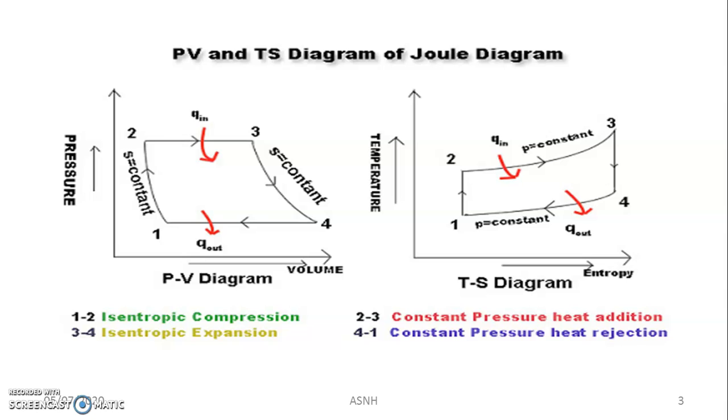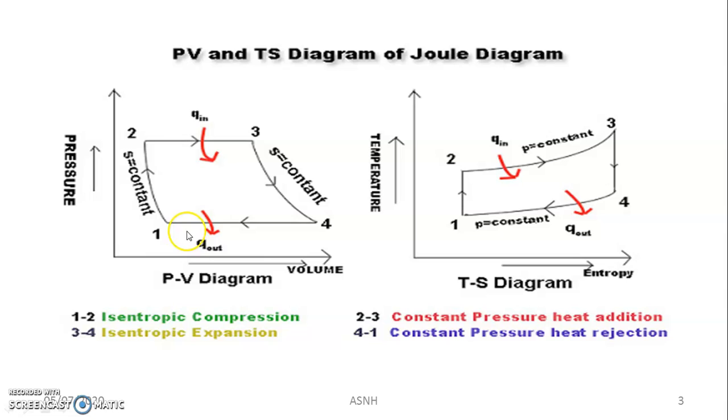Here we will discuss the PV and TS diagrams of the Joule, that is, Brayton or constant pressure cycle. So students, there are a total of 4 processes. Out of them, two processes are related to constant pressure: process 2-3 and process 4-1.